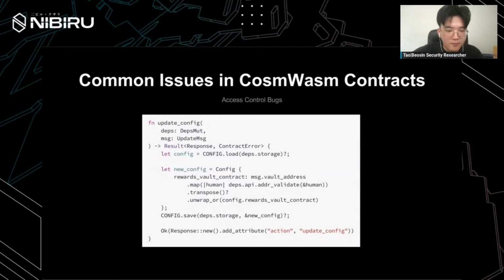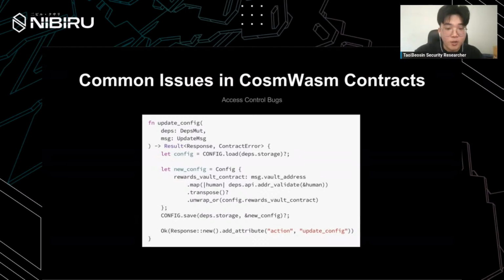Anyone can update the configuration and set the messenger address to his or her own address, and move the funds from the rewards vault to his or her own address. So that's the issue with this function.